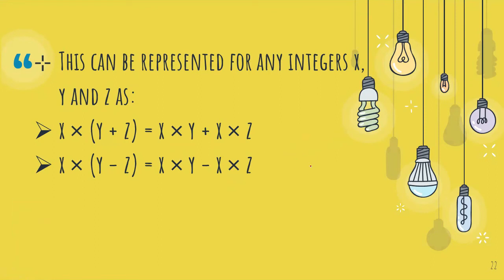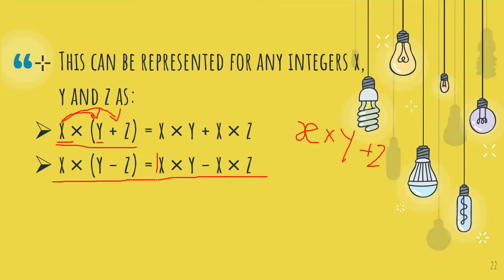Yeah, so you may be thinking that this can be simplified into x into y plus z if you just remove the brackets, but it actually simplifies like this. So this is how we actually multiply x into y and then x into z. That's how we originally multiply. So this is how it could be simplified.